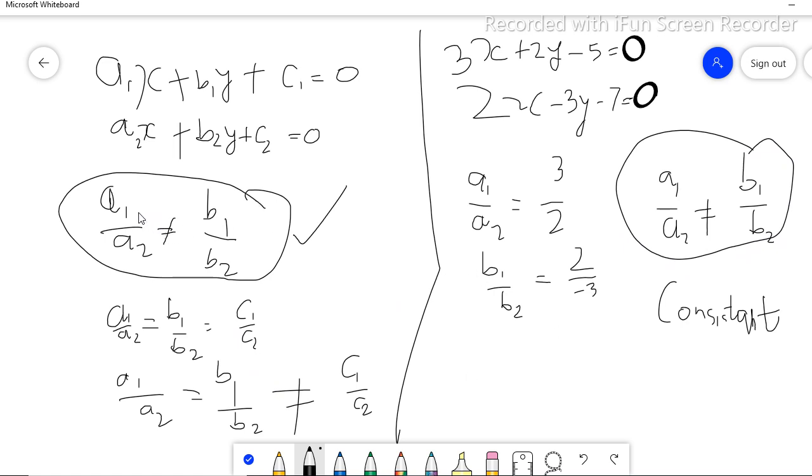So consistent हुनुको लागि we must have A1 by A2 not equal to B1 by B2. If A1 by A2 equals to B1 by B2 equals to C1 by C2, it is inconsistent. If दुईटा बराबर भयो अर्को मिलेन भने पनि इन्कन्सिस्टेन्ट नै हुन्छ. हामीले यहाँ त्यही चेक गरे, A1 by A2 3/2 आयो, B1 by B2 2 by -3 आयो, दुईटा इक्वल भएन, these are not equal, hence it is consistent pair.